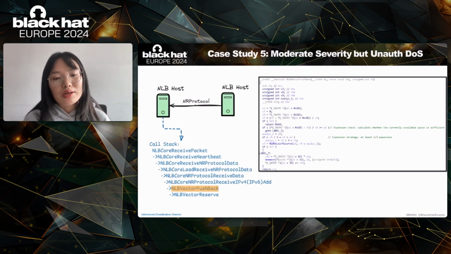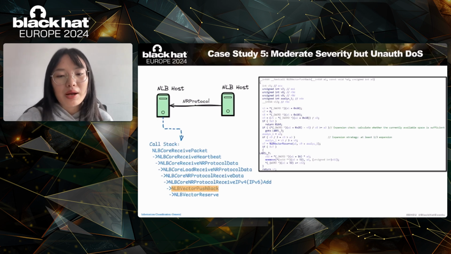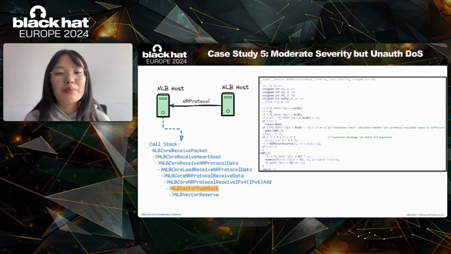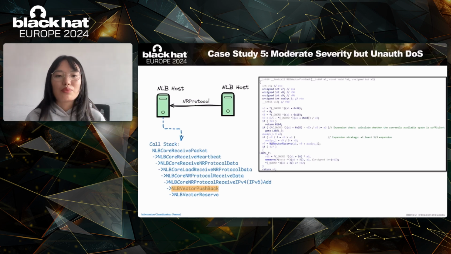An attacker can repeatedly send special packets to trigger a memory leak bug in the remote NLB server, thereby exhausting the target's non-paged memory pool. As this memory is never released, eventually this will cause a BSOD of the current NLB host.